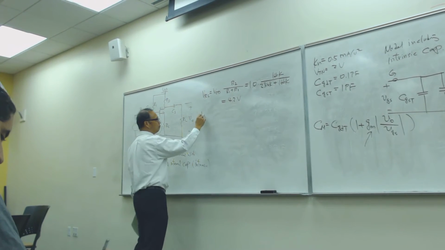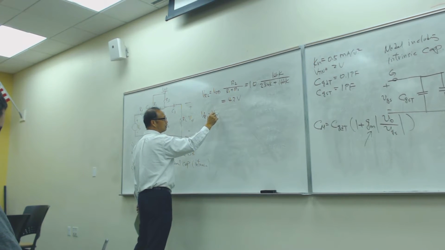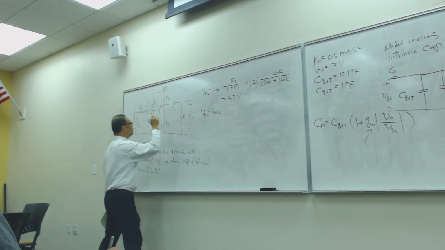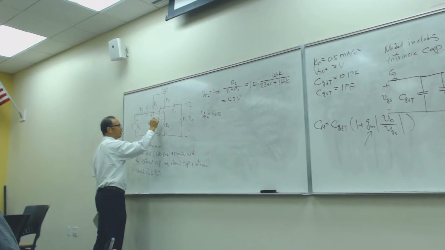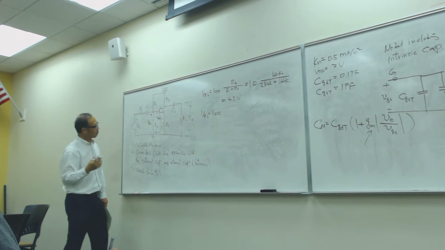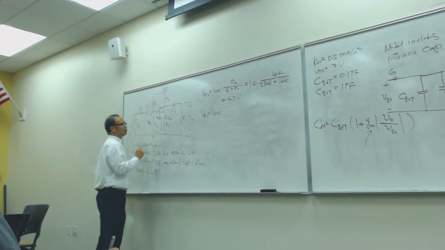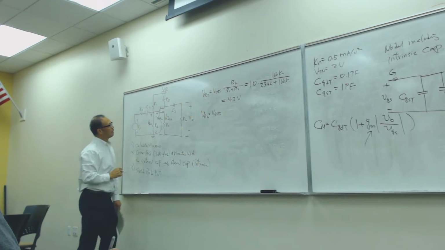So VR2 equal to VGSQ, yes? This is what we call VGSQ, correct? Which is not known yet. And then this current is IDQ, yes? Same here.